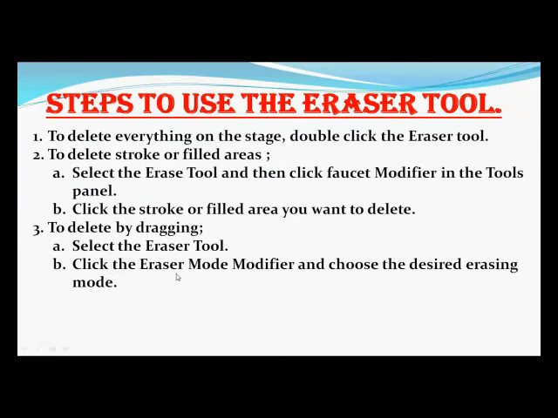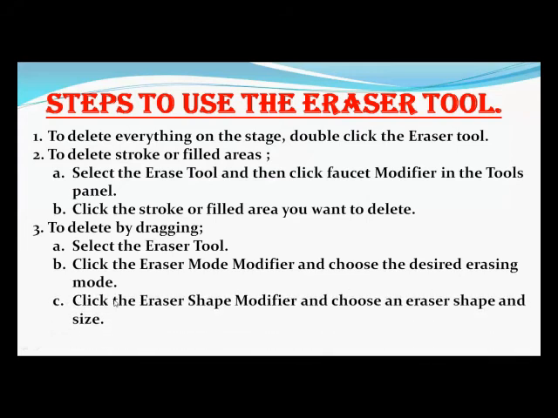So click the eraser modifier and choose the desired erasing mode. Click the eraser shape modifier; there are many eraser shape modifiers available. Select an eraser shape from the given options and choose the size. Then click and drag on the stage to erase.